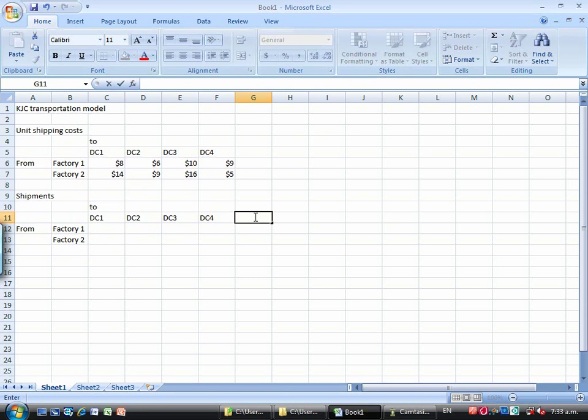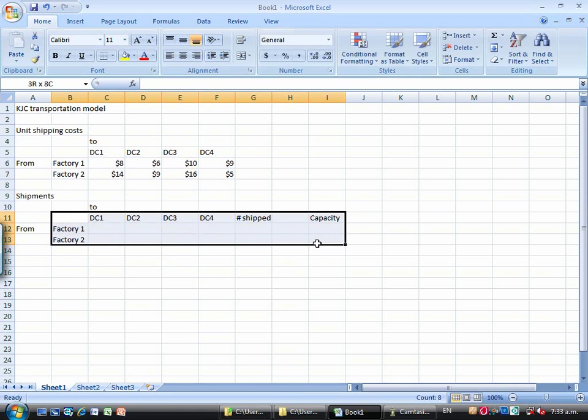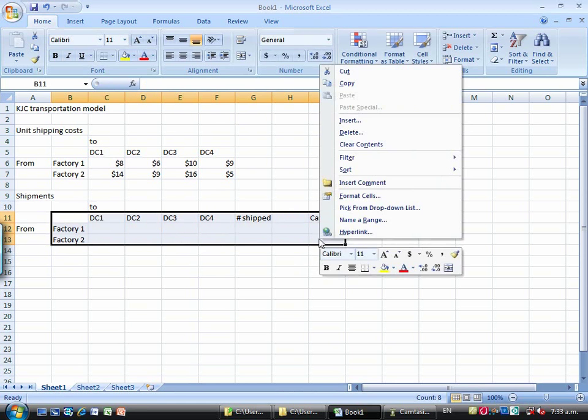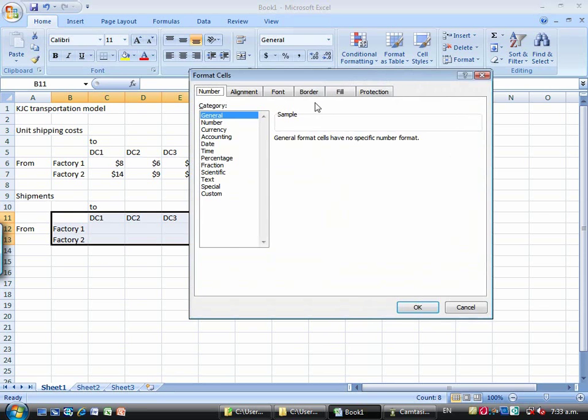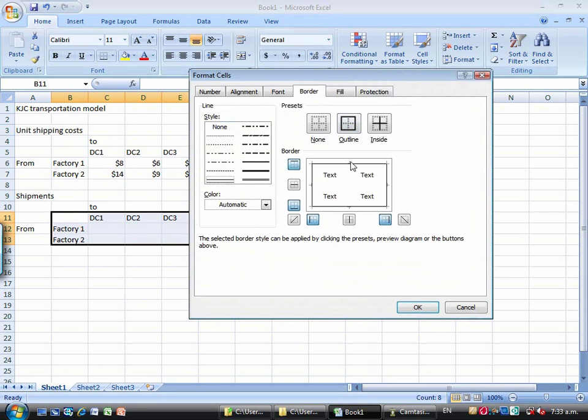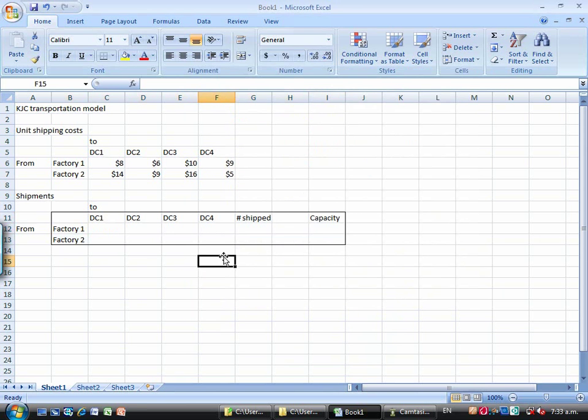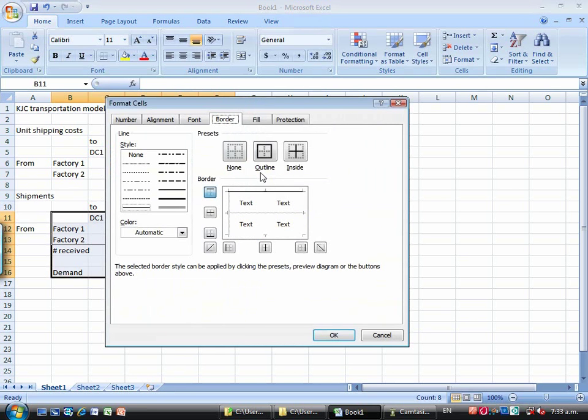I want to say these are the number shipped, capacity, and I'll just add some borders here just to try and make this whole presentation look a bit tidier and easier to follow.